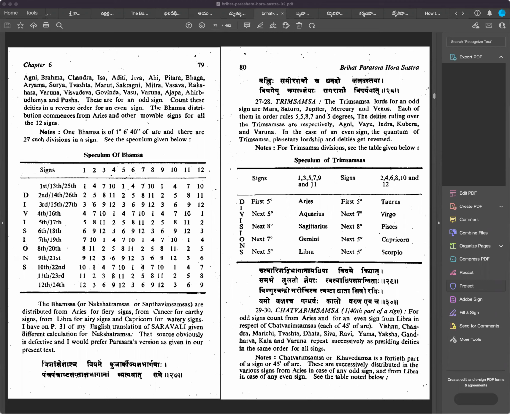Who is the lord of the nakshatras generally? We know already: who married all the stars? The Moon. All stars are wives of the Moon. That's why the lord of the nakshatra division is the Moon.